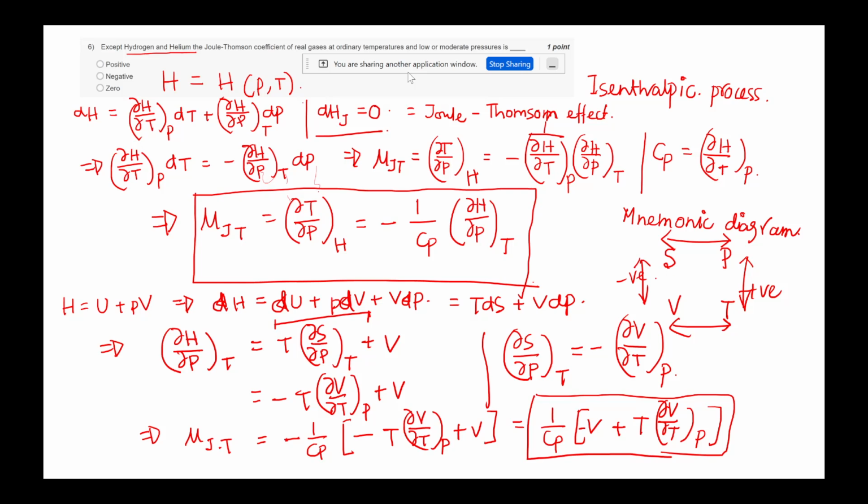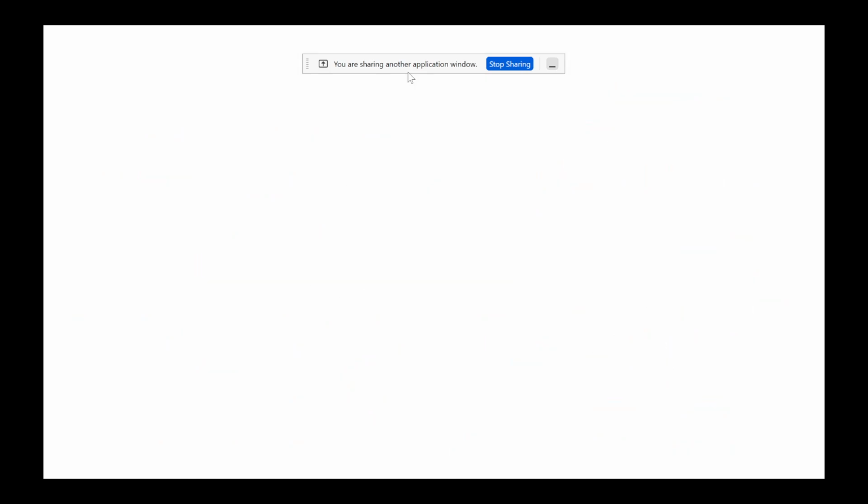Now for completeness I will do it for an ideal gas. For an ideal gas, what we know is PV is equal to RT.